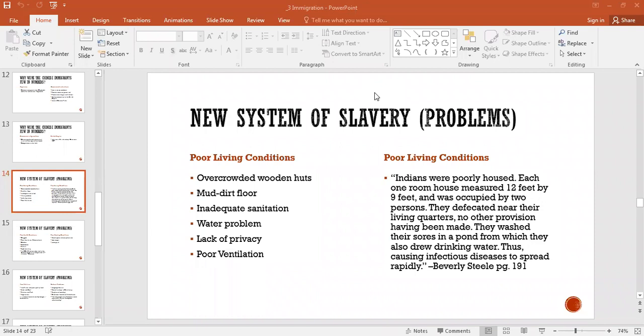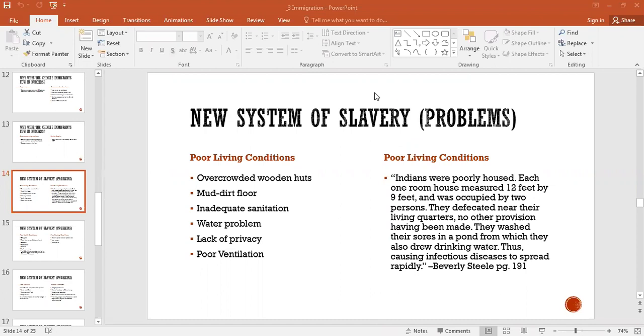Remember, it's the same barracks that the enslaved people lived in that they're going to put the immigrants in to live. And these barracks didn't have windows. Some of them just had one door. Sir, go ahead for me.